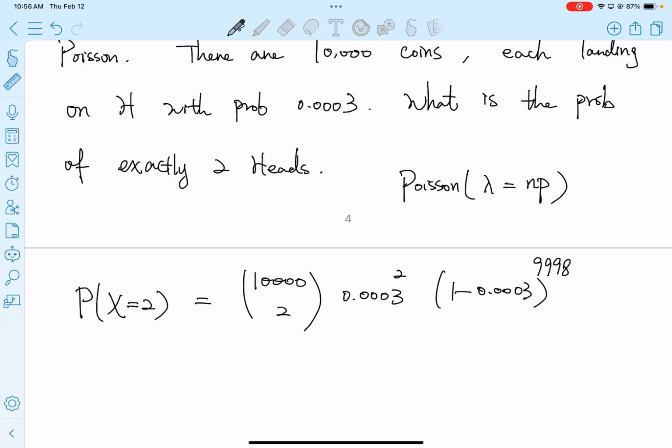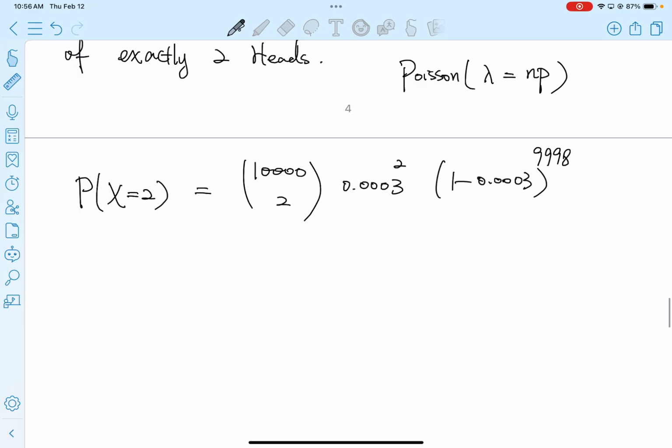On Tuesday, we mentioned that in this case the expectation of the binomial random variable is 10,000 multiplied by 0.003, which is just 3. And then we plug this into lambda.